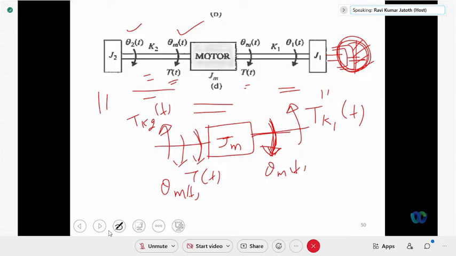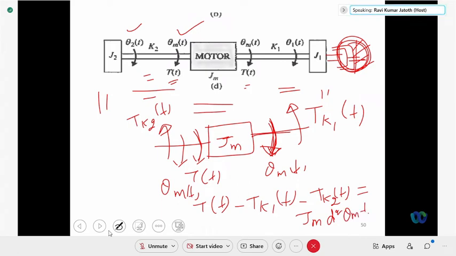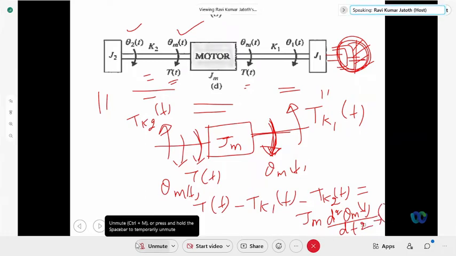So now T of t minus Tk1 of t minus Tk2 of t is equal to, tell me, Jm d square theta m of t by dt square. Is that fine? Yes, sir.